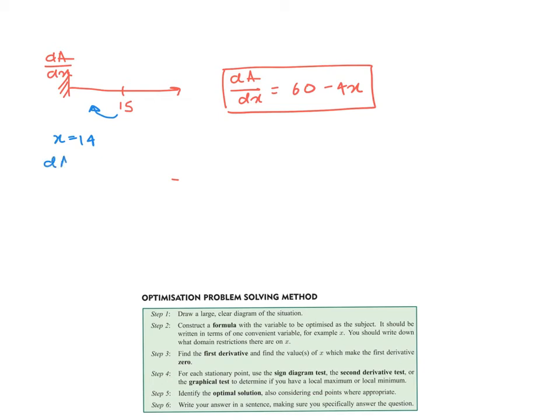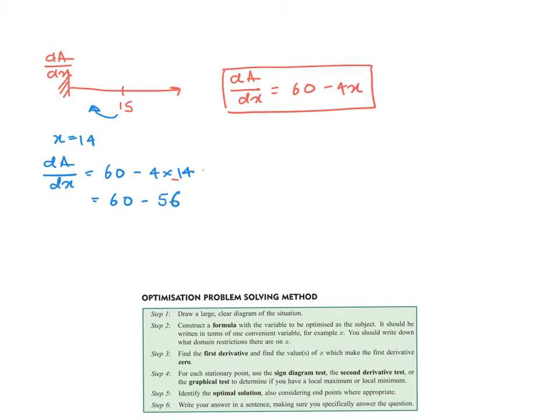So dA/dx is equal to 60 take away 4 times, instead of x, we're going to have 14. That is going to be equal to 60 take away 56.